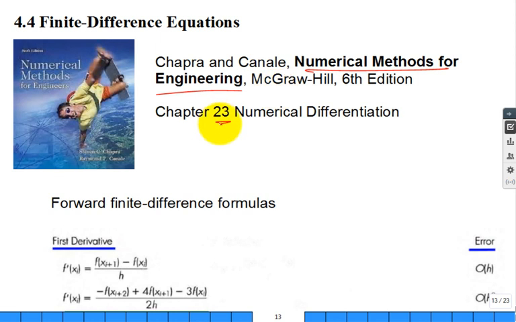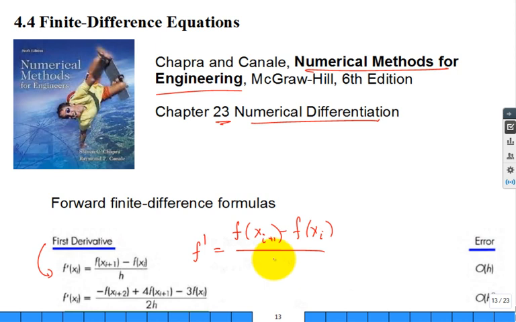This chapter, numerical differentiation: the first derivative, f prime, is equal to f of x at i plus 1 minus f of x at i, divided by the spacing h, which is the difference between x at i plus 1 and x at i.